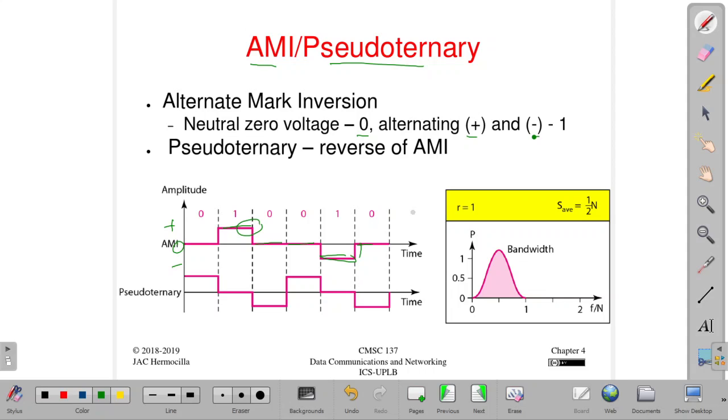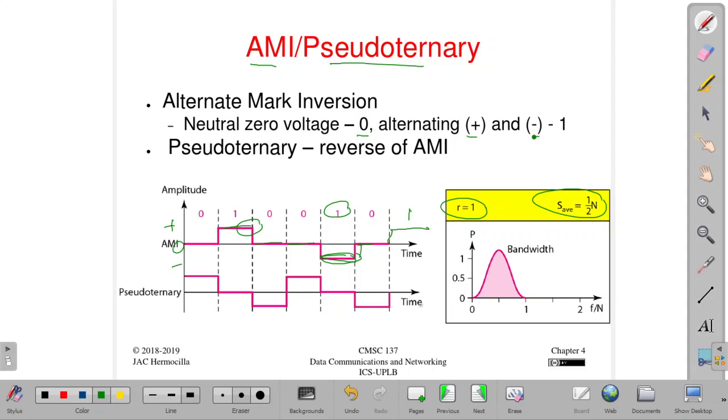If we have a 1 here, then this will be the signal for this value, and we only have one data element per signal element, so we have R equals 1, and the bandwidth, so half of the bit rate, baud rate, and this is the appearance of the bandwidth.